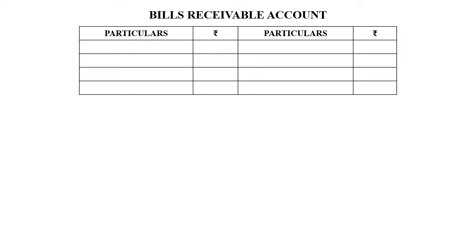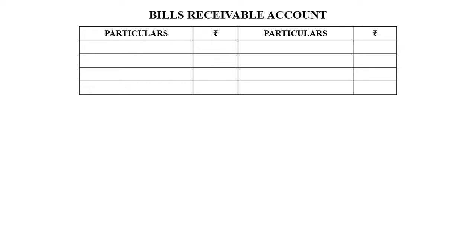Next, bills receivable dishonored. It is the opposite of which transaction? Just recall which transaction is the opposite of dishonored. Bills receivable received is the opposite of bills receivable dishonored. So the journal entry for dishonor of the bill is debtors account debit to bills receivable.